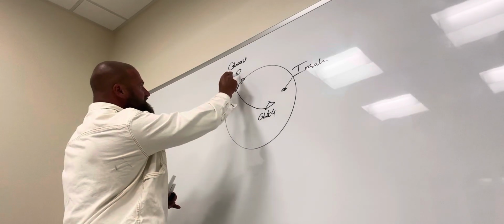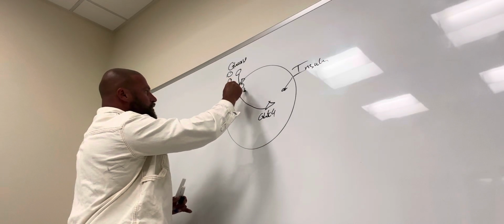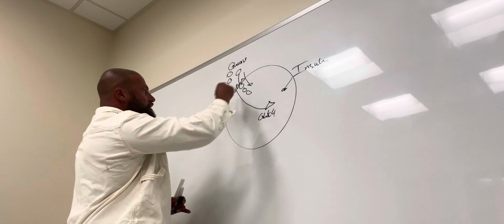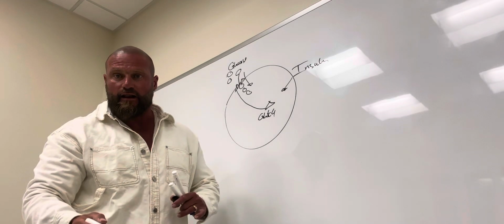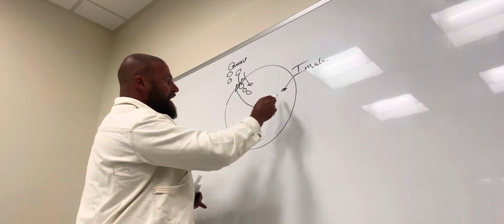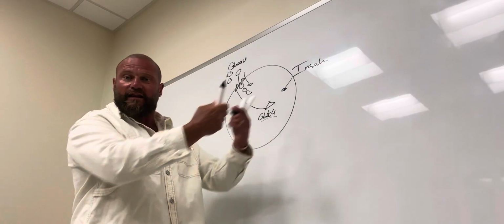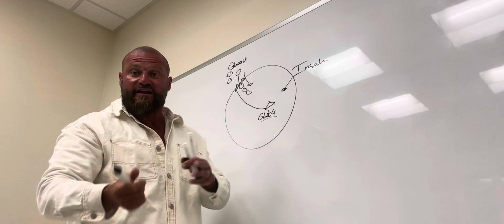And via this gate, GLUT4 is allowing glucose to enter the cell. Okay, so this is very important. So insulin activates GLUT4. GLUT4 travels to the cell membrane and lets glucose inside of the cell.